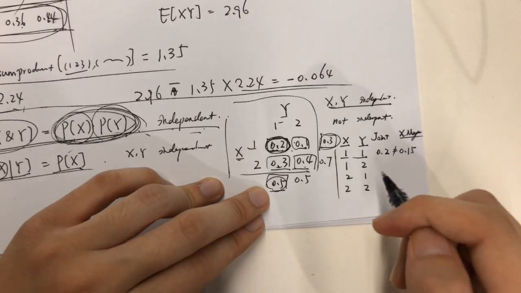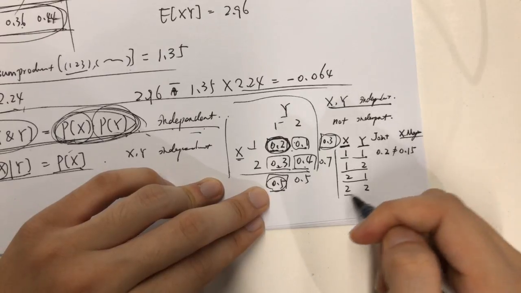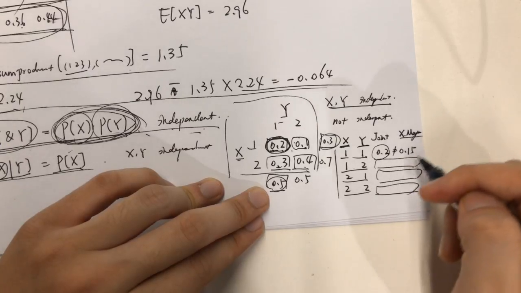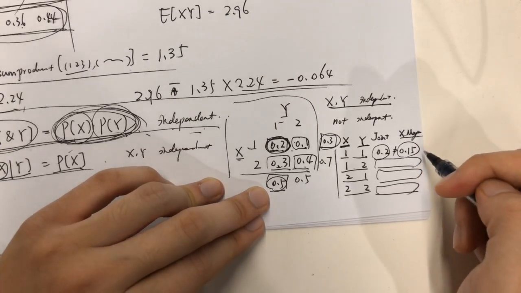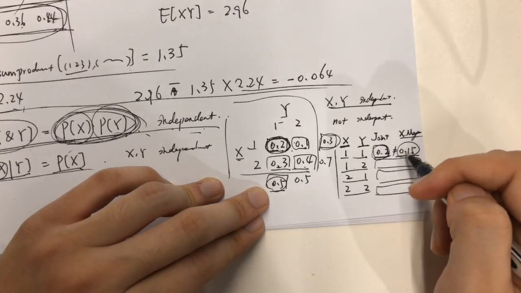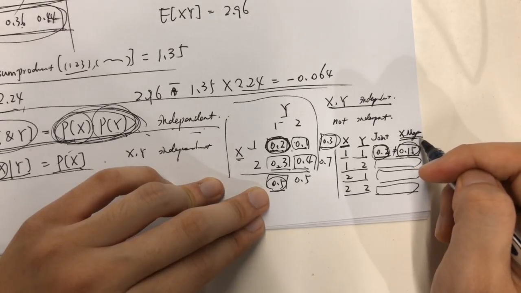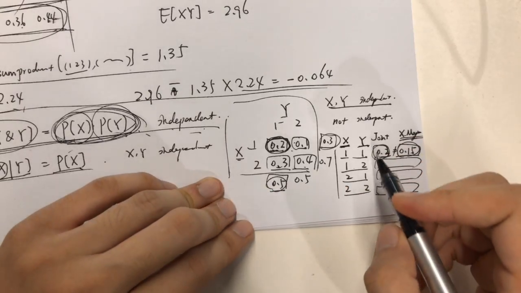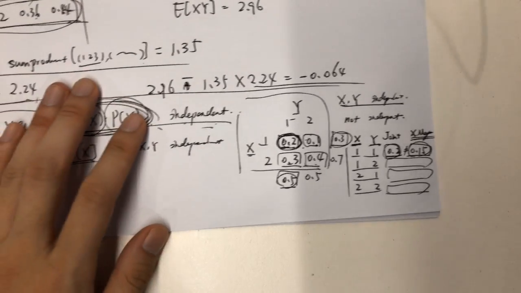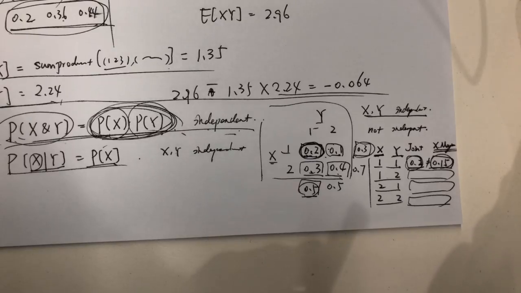If x and y are independent, all of the possible combinations of x and y values must satisfy the joint probability equals the product of the marginal probabilities. If you find at least one joint probability that does not equal the product of the marginal probabilities, then x and y are not independent. So this is how we determine whether two events or two random variables are independent or not.